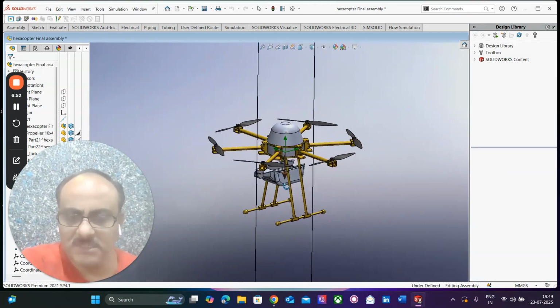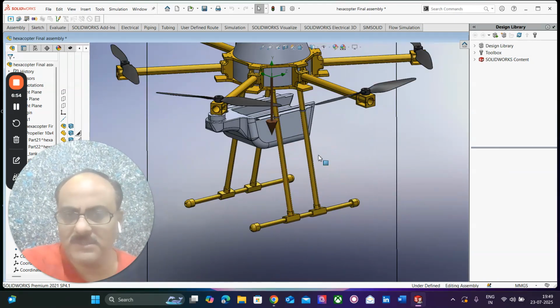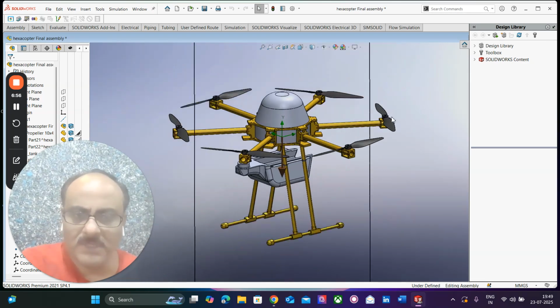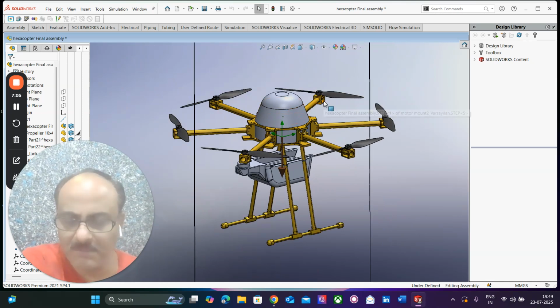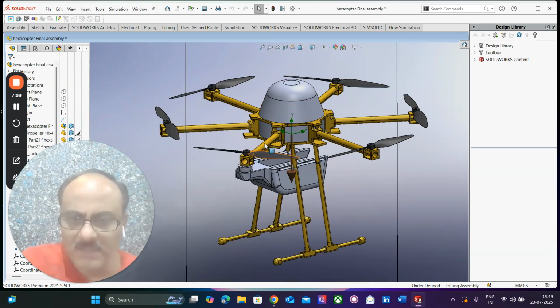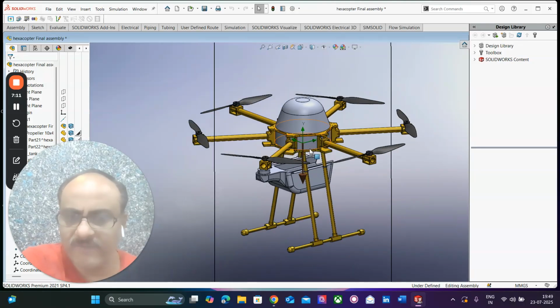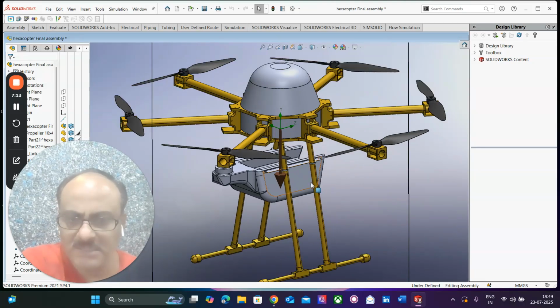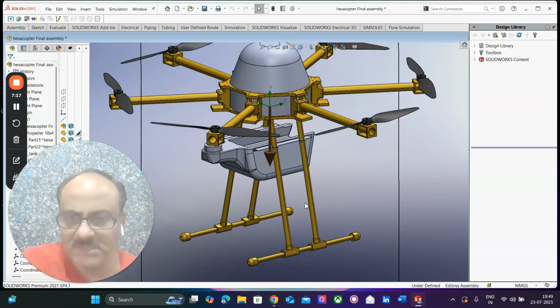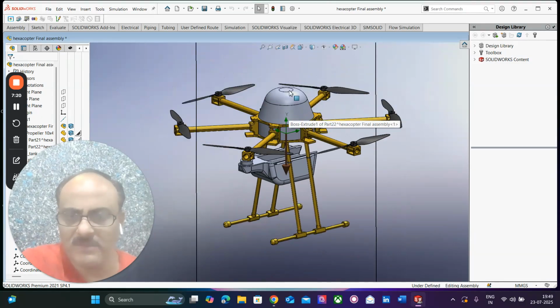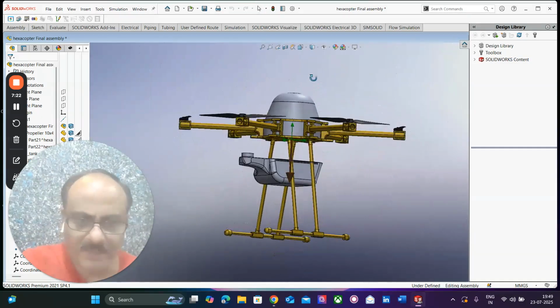Okay, the drone structure. So the drone structure has a carbon fiber body. So the arms that you see are all completely made using carbon fiber, and there are other regions which are aircraft grade aluminum. So the legs, the leg mating units, the shank, all these things are made using aircraft grade aluminum.